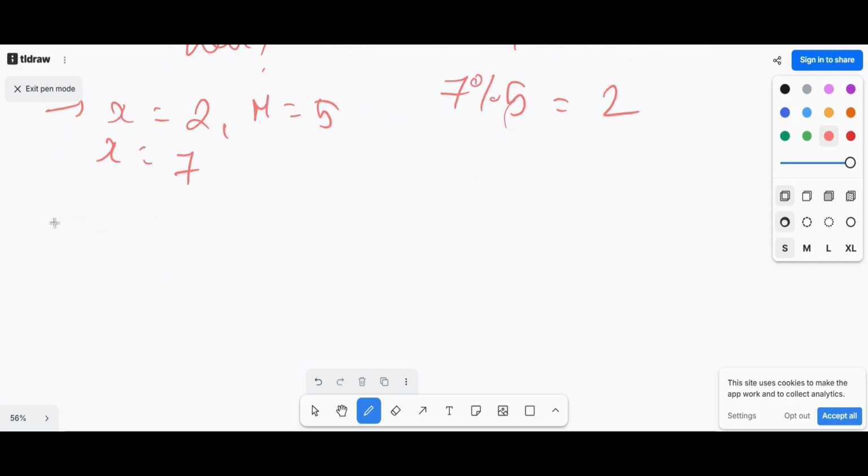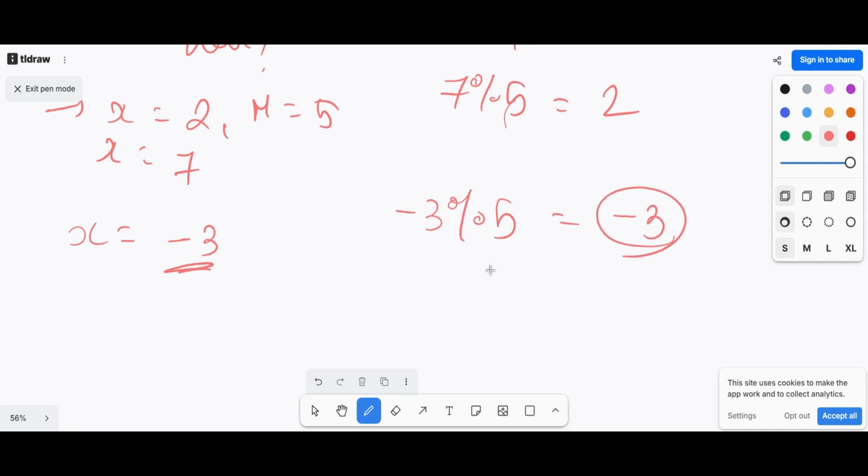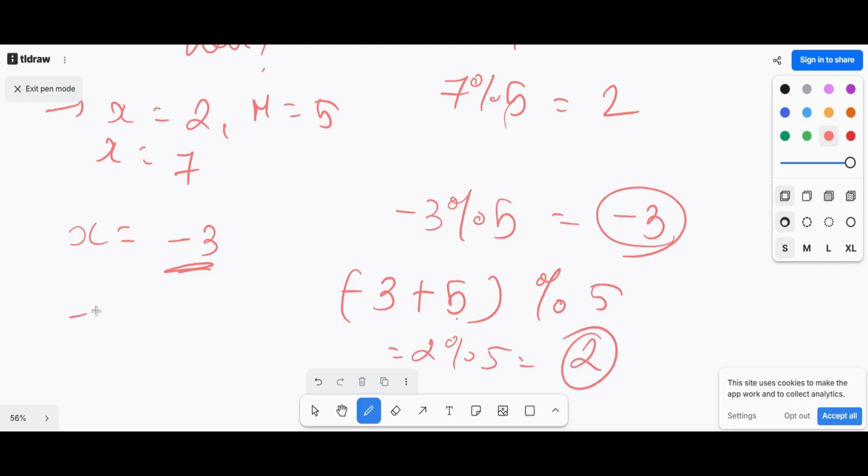Now what happens for x equal to minus 3? Minus 3 modulo 5 would give me minus 3, but minus 3 could never be my remainder, right? So what should I do? I have to add 5 to it, and then again do modulo 5. So this is 2 modulo 5, which is 2. So minus 3 modulo 5 is nothing but 2.